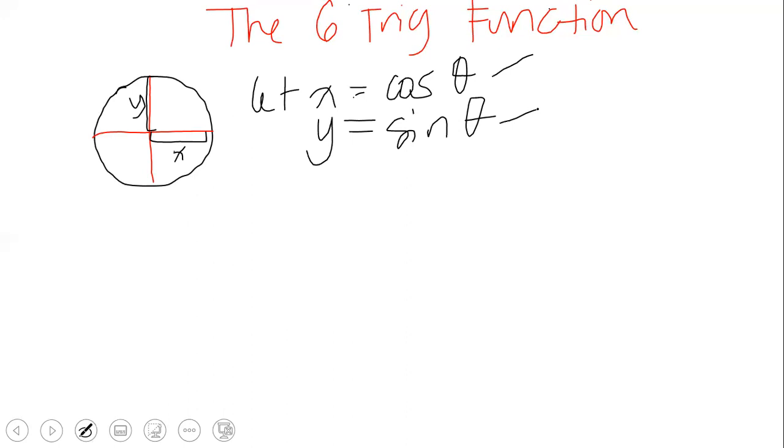On the other side naman, you also have the ratio of y's over x's. So for every ratio of y's over x's, you also have the sine theta over cosine theta, which is also equivalent to the third trigonometric function, which is the tangent theta.